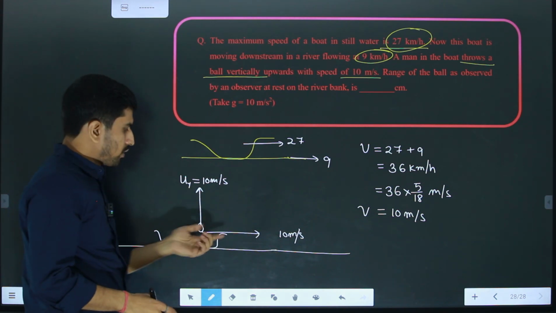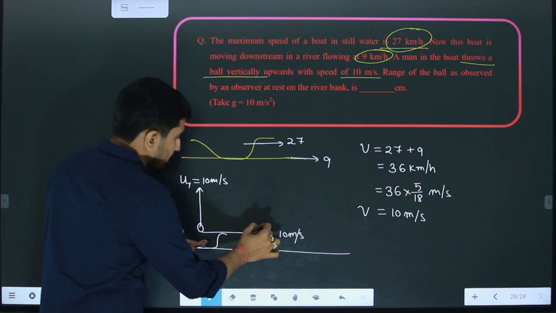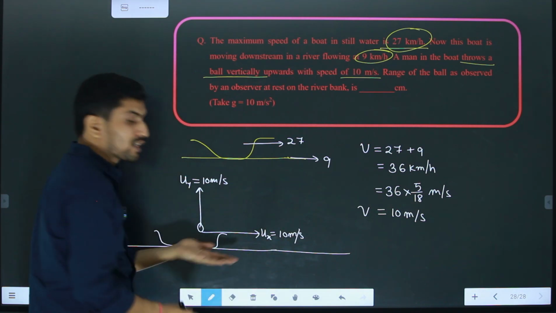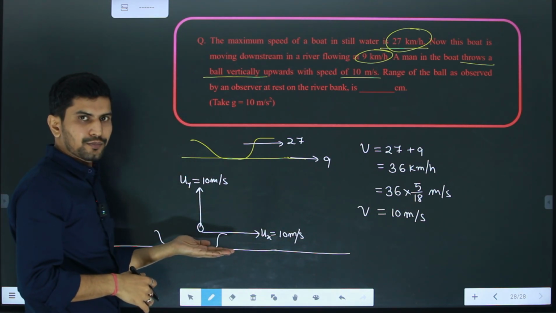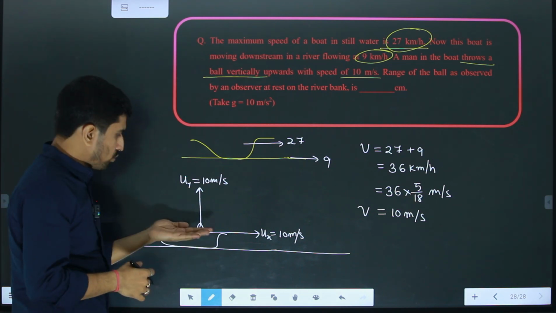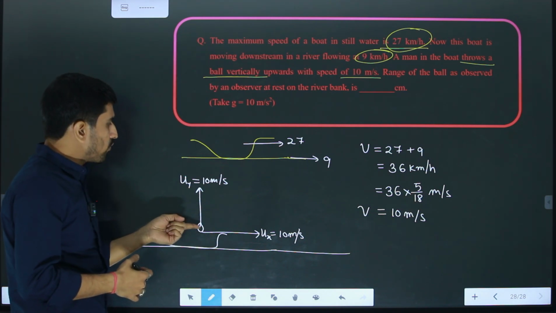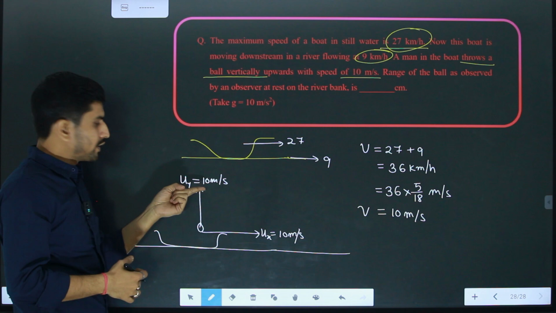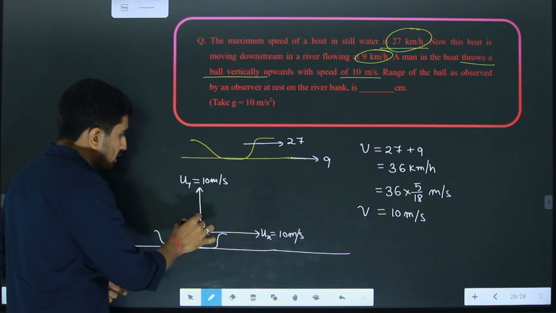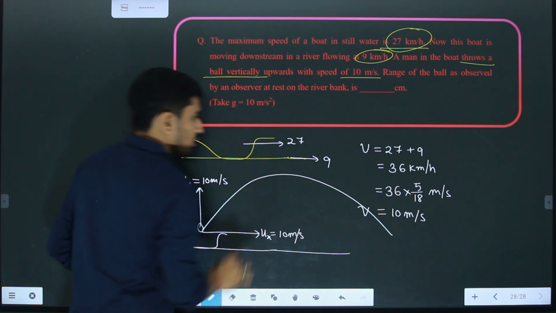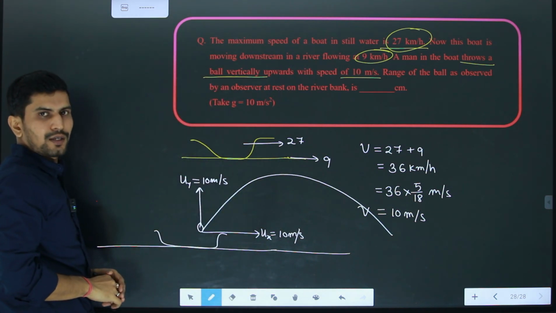Yes or not? Ball already had the horizontal speed, which is the speed of the boat. The speed of the boat itself is the horizontal speed of the projectile. And in addition to that, the ball was given a vertical push with a speed of 10 meter per second, and since it has both the components, it will follow this kind of path, inclined projectile path.